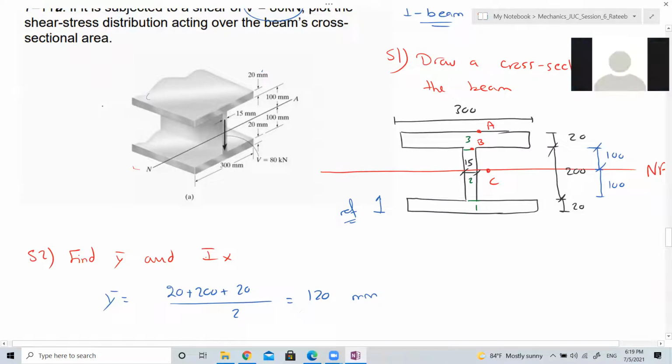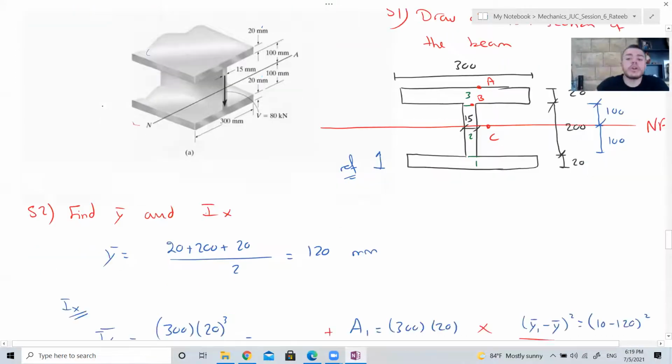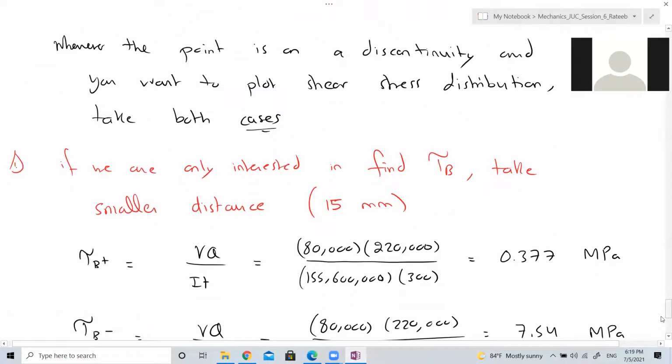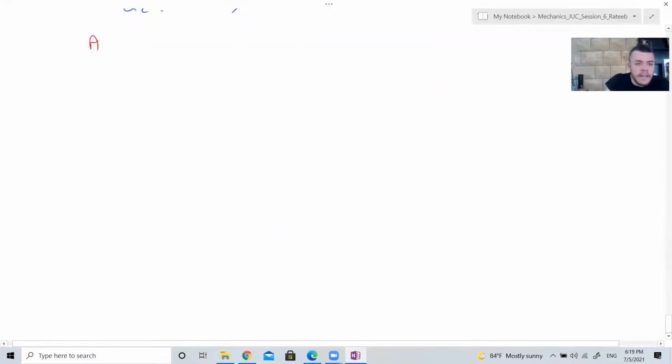It doesn't change whether we take it above or below. Right, it's the same. But I'm going to choose to work with the area above. So to find the area above C, this is C here. This is the neutral axis.